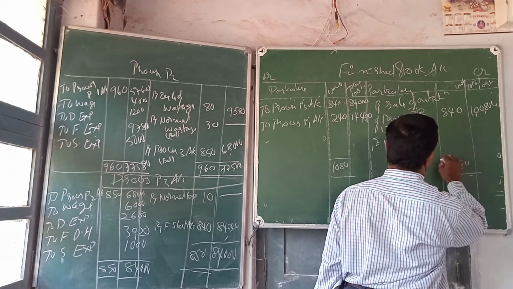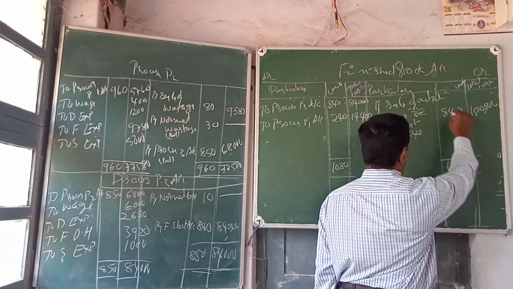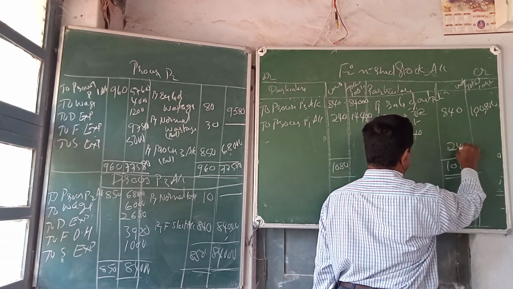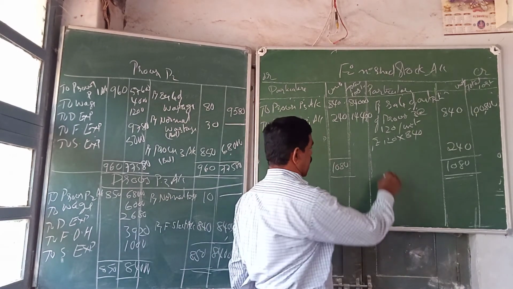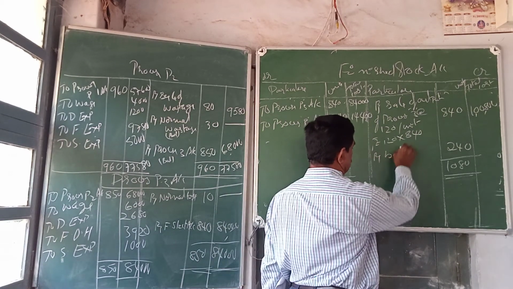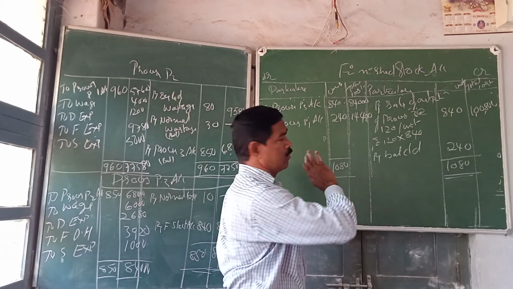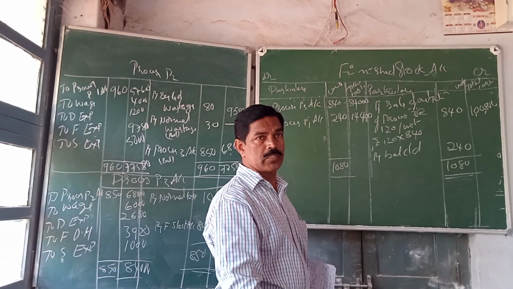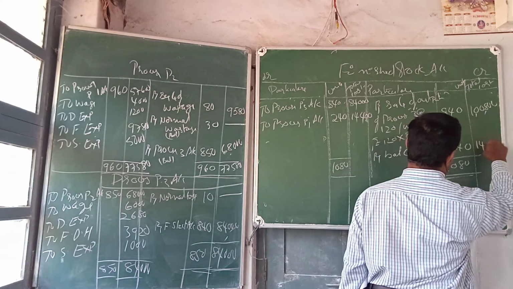So out of 1,080, 840 sold. So 240 is the balance. So this is by balance carried down. Its value is the same value. We have not been given any sale price. So it's the stock balance, 14,400.